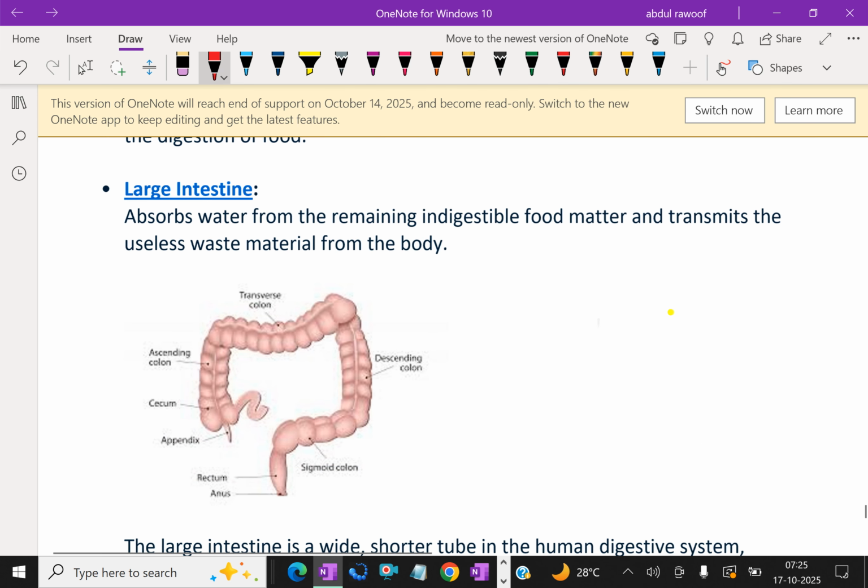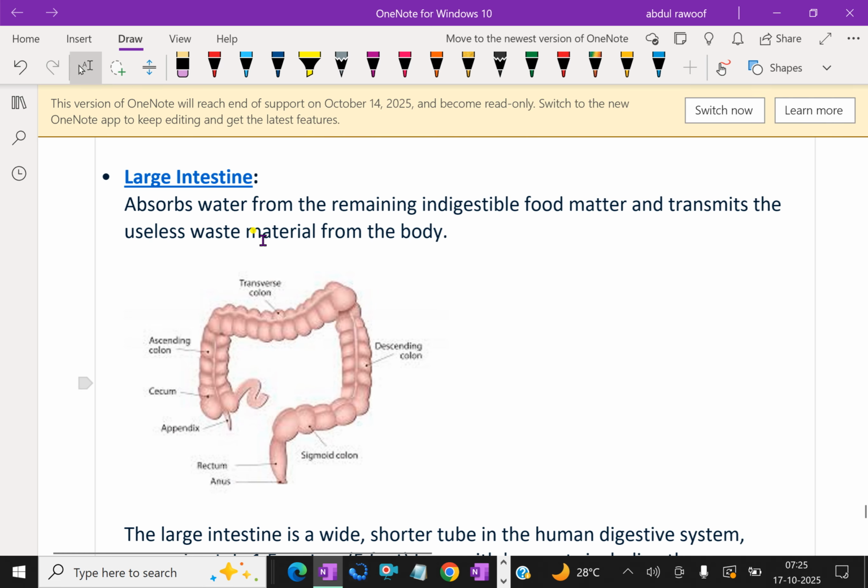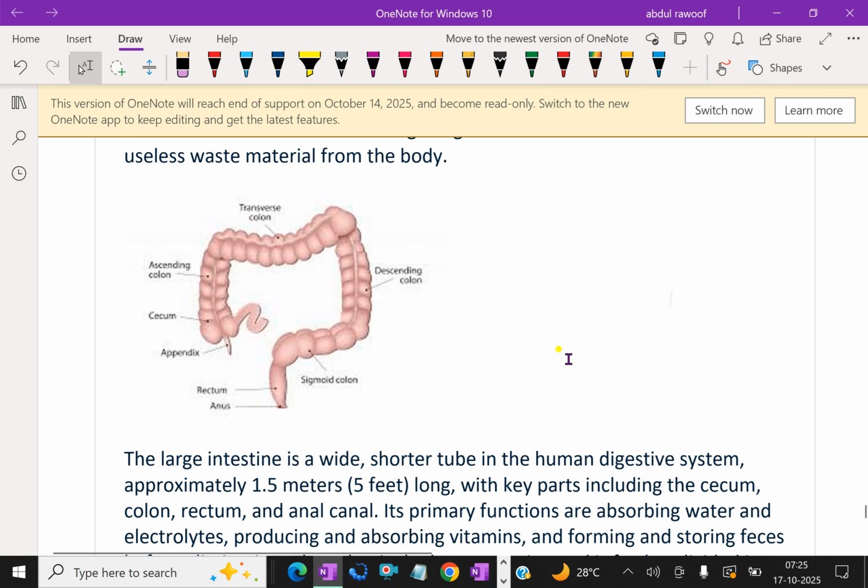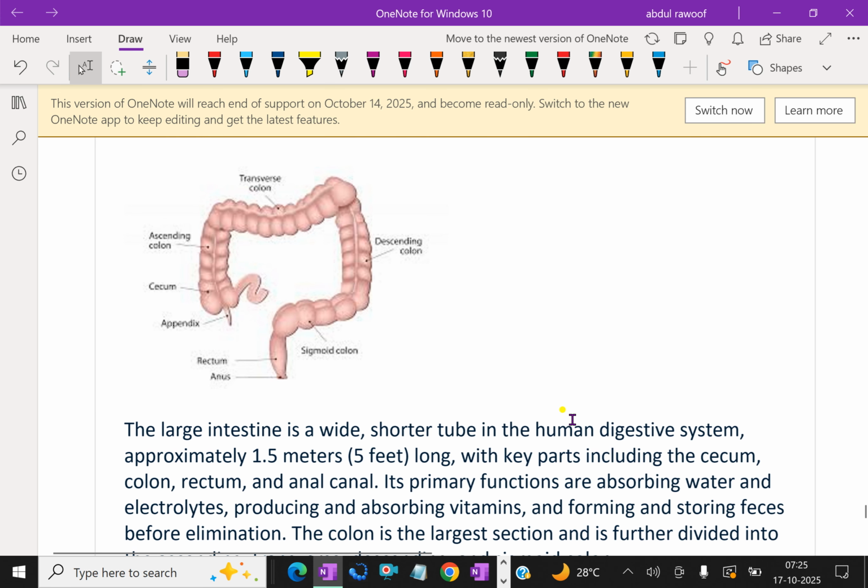The large intestine absorbs water from the remaining indigestible food matter and transmits the useless waste material from the body. The large intestine is a wide, shorter tube in the human digestive system, approximately 1.5 meters, that is nearly 5 feet long, with key parts including the cecum, colon, rectum, and anal canal.